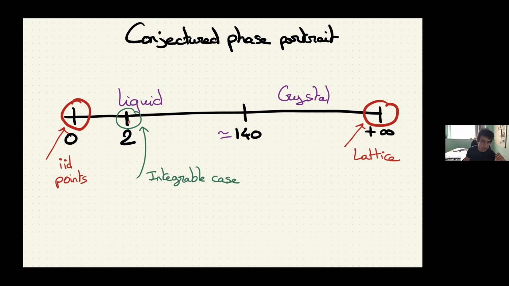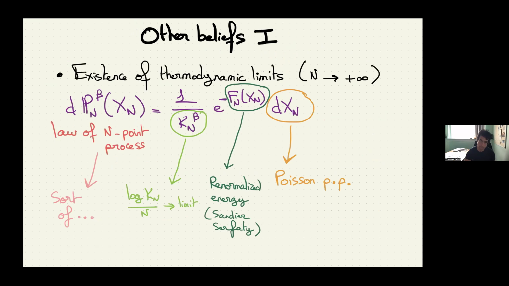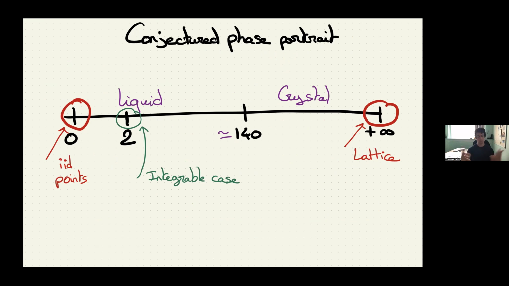Beta equals 2 is a special case for which we know how to compute things, and indeed, for beta equals 2, you're liquid. But whether you're liquid for beta equals 2 minus epsilon is not known. So that's the main goal that we would like to reach, and that's why we study the system: to understand this phase portrait better.